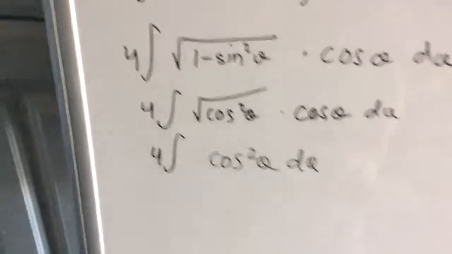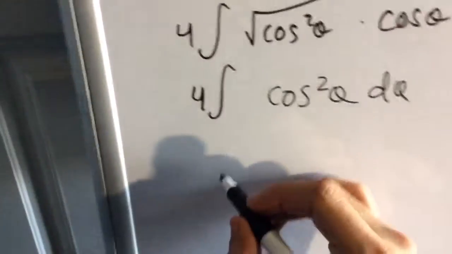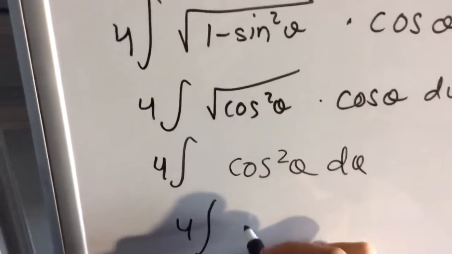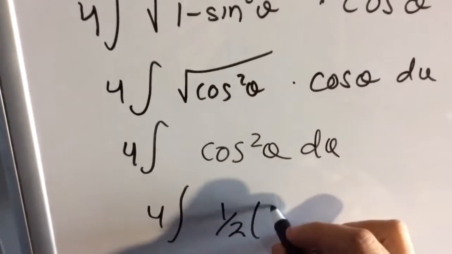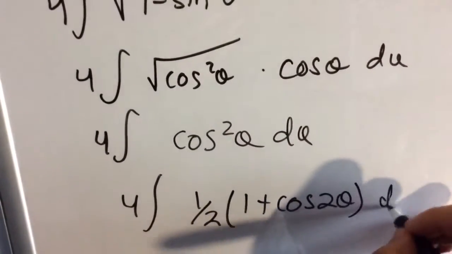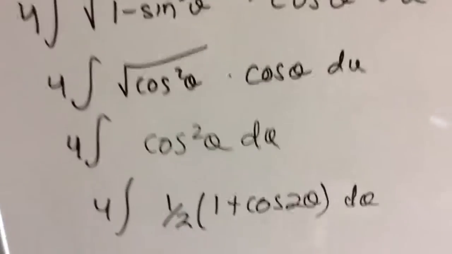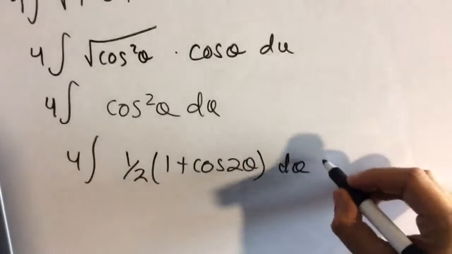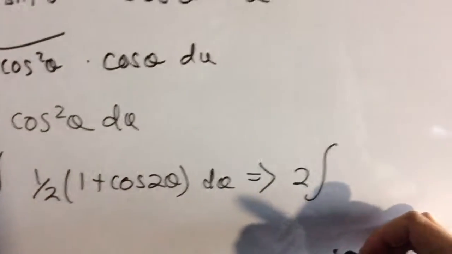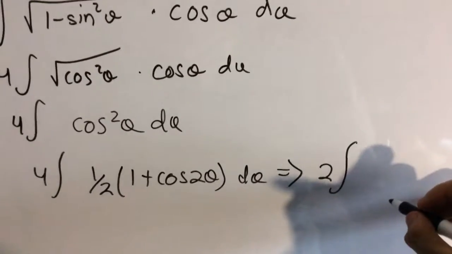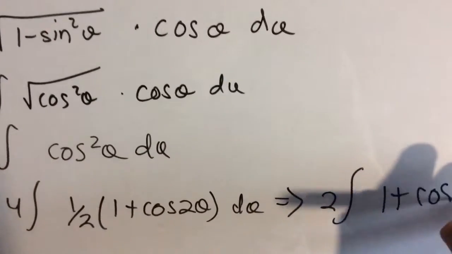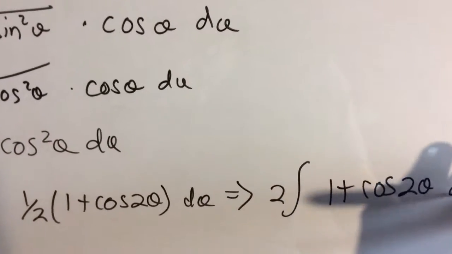Now we can use a half angle identity. So it's going to be 1/2 times 1 plus cosine 2 theta d theta. We're running out of room here, so let's move on over here. So 2 times the integral of 1 plus cosine 2 theta d theta.